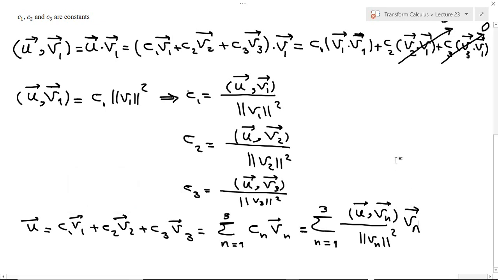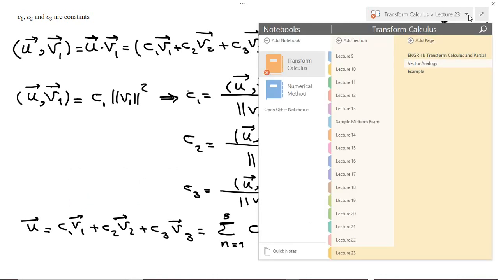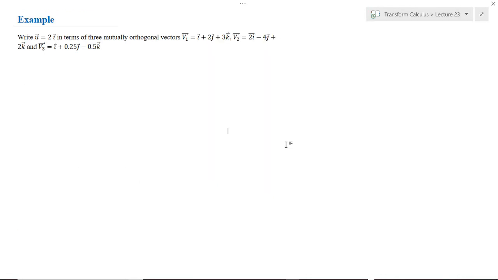So now I'm going to solve one example to see how this equation works. Write U equal to 2i in terms of three mutually orthogonal vectors: V1, which is equal to I plus 2j plus 3k, V2 is 2i minus 4j plus 2k, and V3, which is I plus 0.25j minus 0.5k.